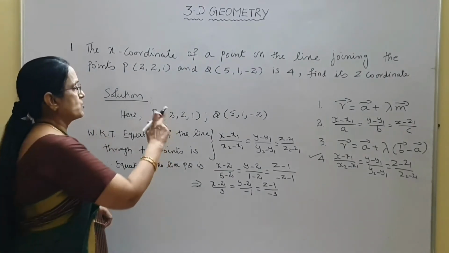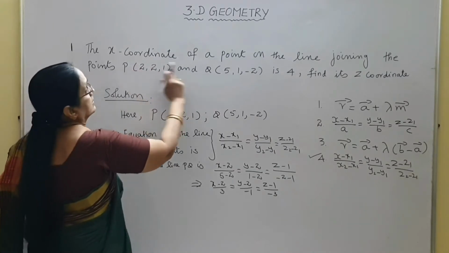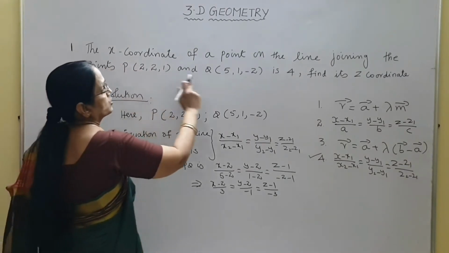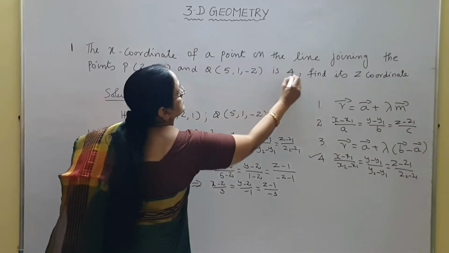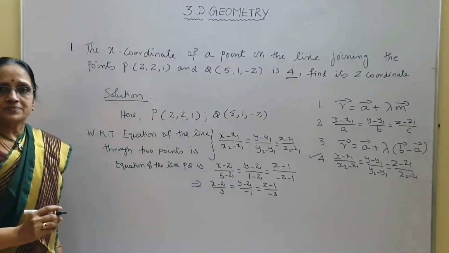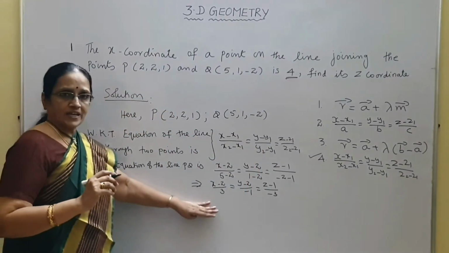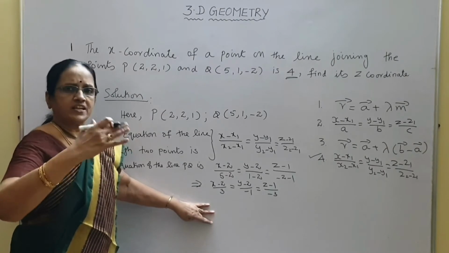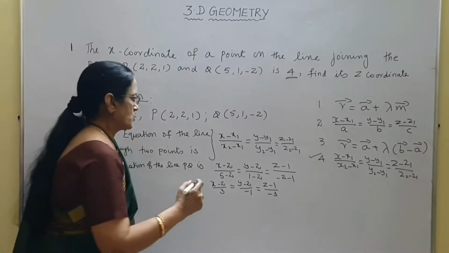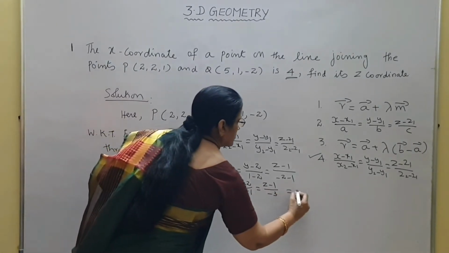I know the x-coordinate of the point on PQ is 4. That is what is given to you. So, first let us find any general point on this line. Let the common ratio be equal to some lambda.